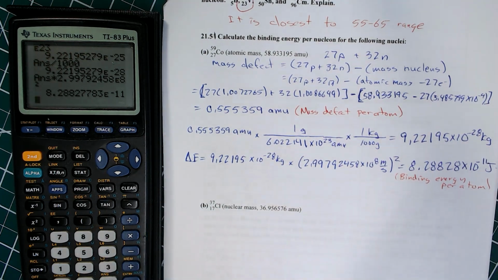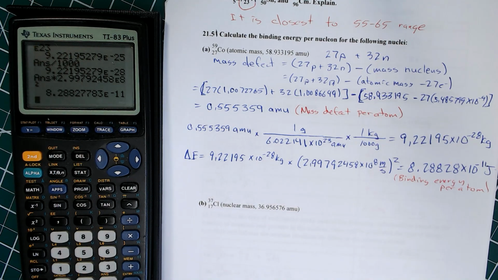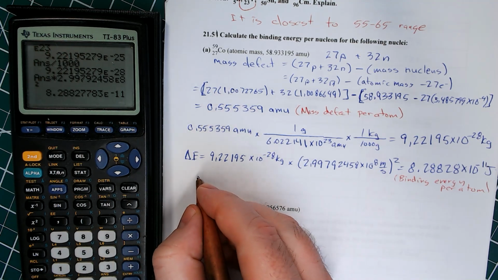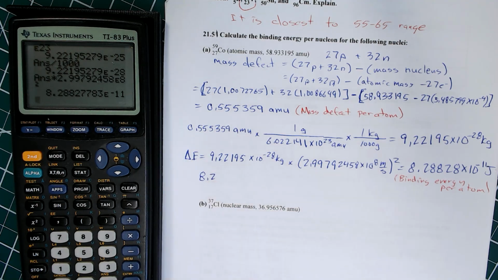So we now want to calculate the binding energy per nucleon. And our binding energy per nucleon, that's a pretty easy calculation. So we'll do 8.2. Again, I'm going to turn off the mic.